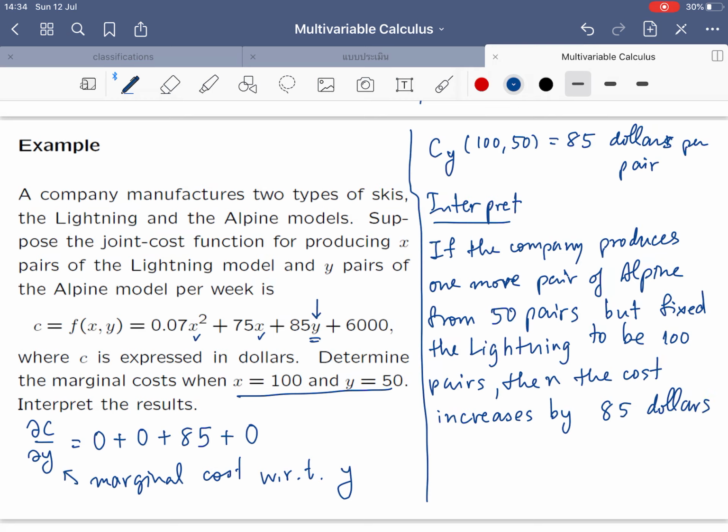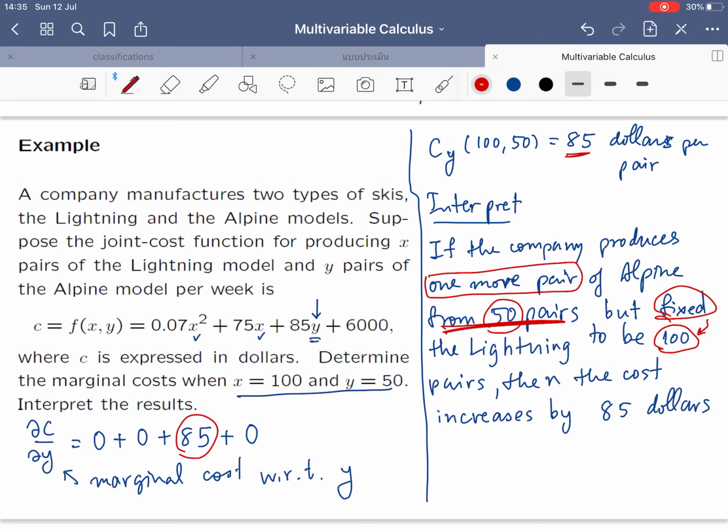But actually if you really look at it, this 85 does not depend on any x or y. So even if right now you are not producing 50 pairs and fix this one to be 100, it is always a constant. However, the normal way to give the interpretation is that you are going to produce one more from the original production, but right now the first variable component must be fixed.